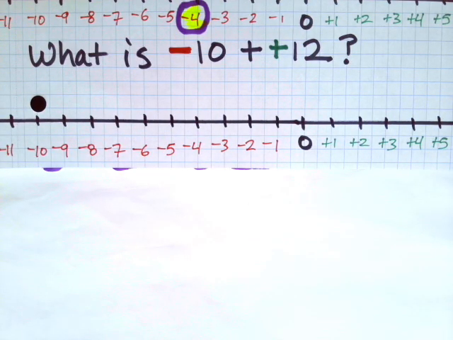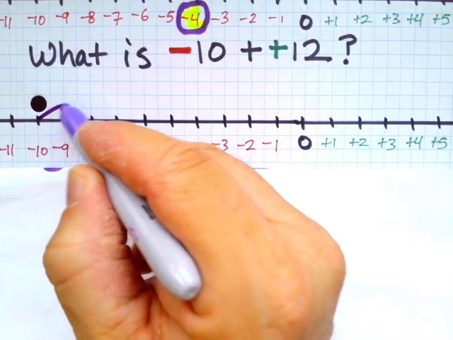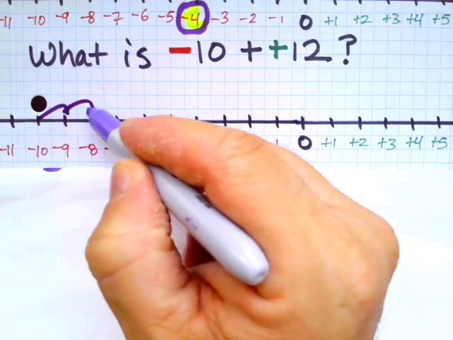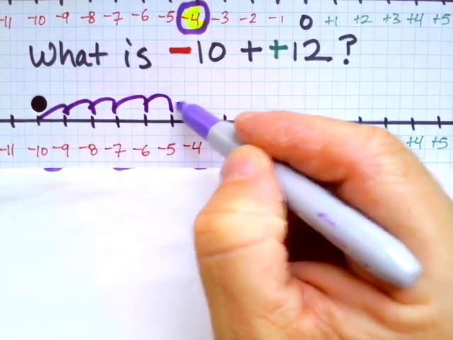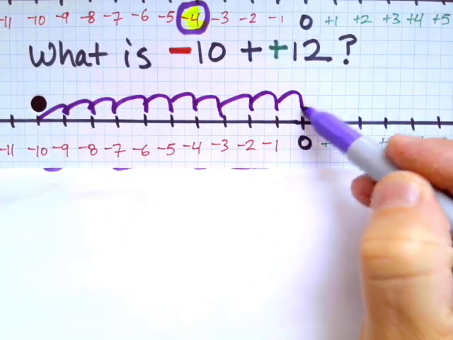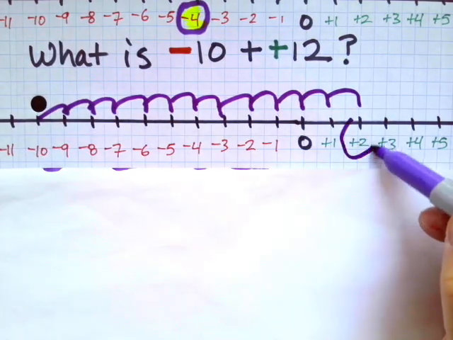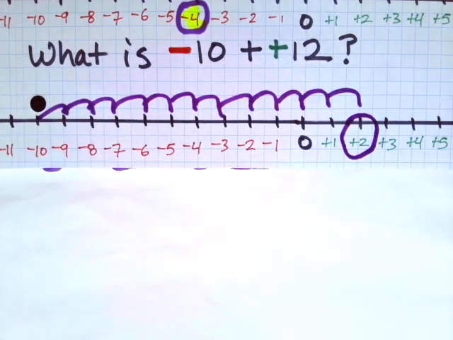Since my number line is pretty short, I'm only going to be able to show you one way: starting here at negative 10 and going 12 in the positive. 1, 2, 3, 4, 5, 6, 7, 8, 9, 10, 11, and 12. My answer is going to be a positive 2.